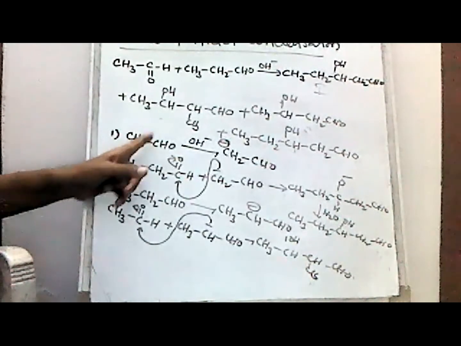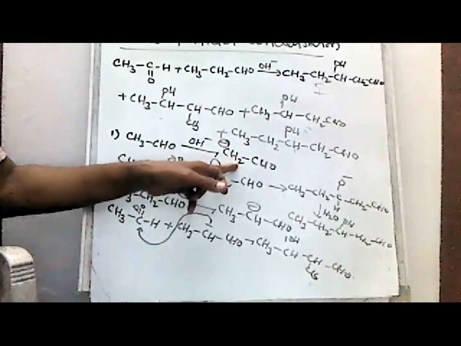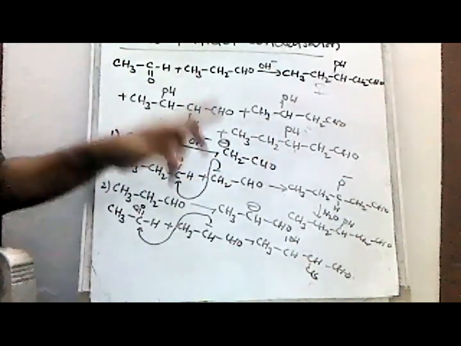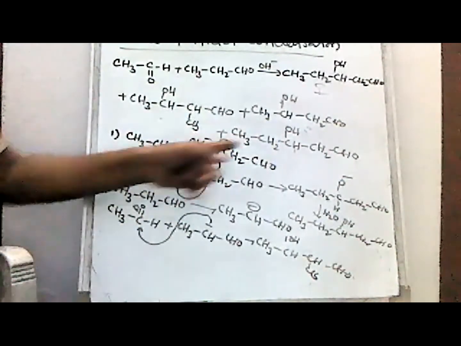So this is the second product. Now, the third product: ethanal forms a carbanion and attacks the same ethanal, like aldol condensation. Propanal forms a carbanion and attacks the propanal itself. That is the fourth product.